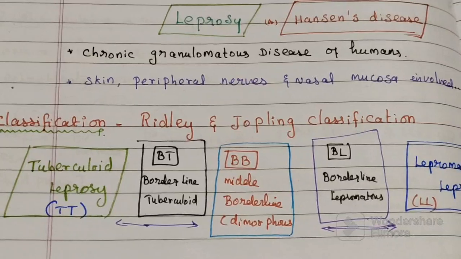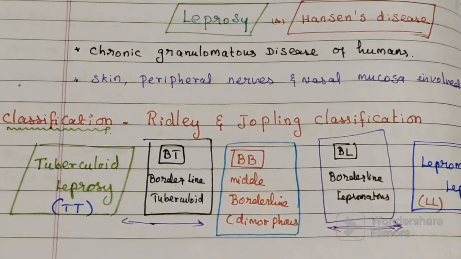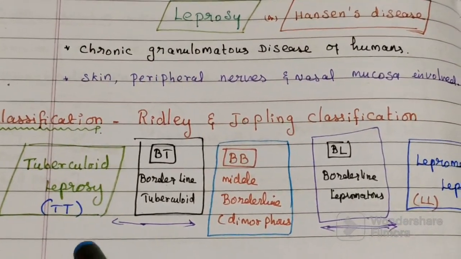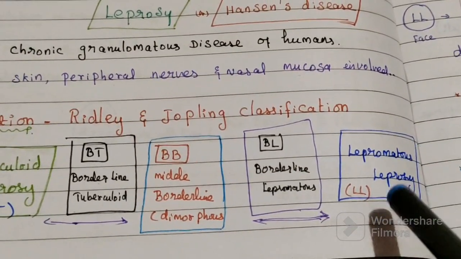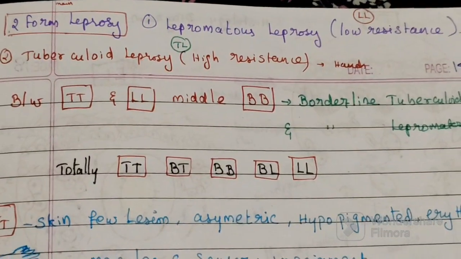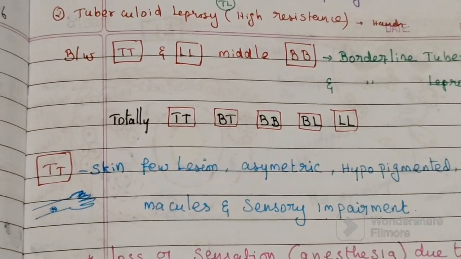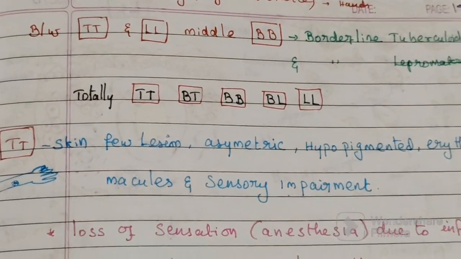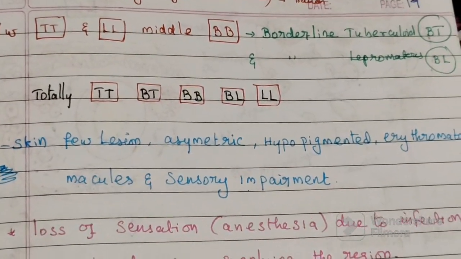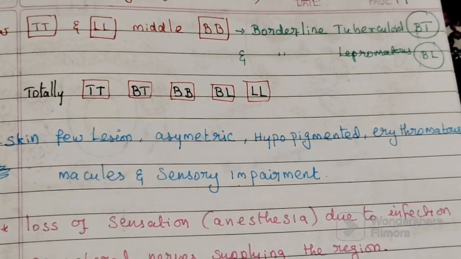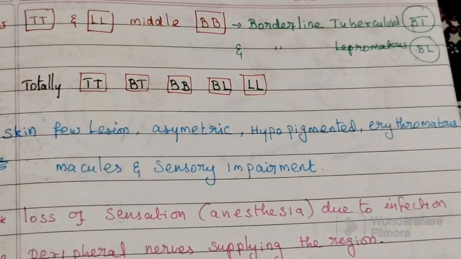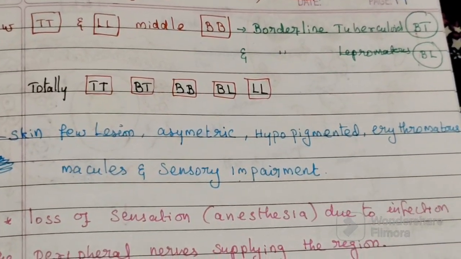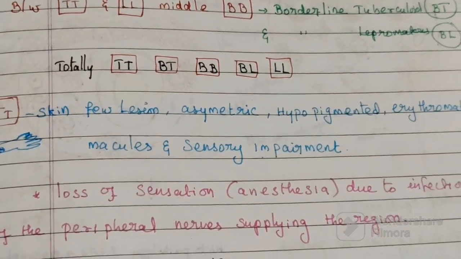Tuberculoid leprosy in the skin is mainly presented on the face. There are few lesions, asymmetric, hypopigmented, erythematous macules, and there is sensory impairment.